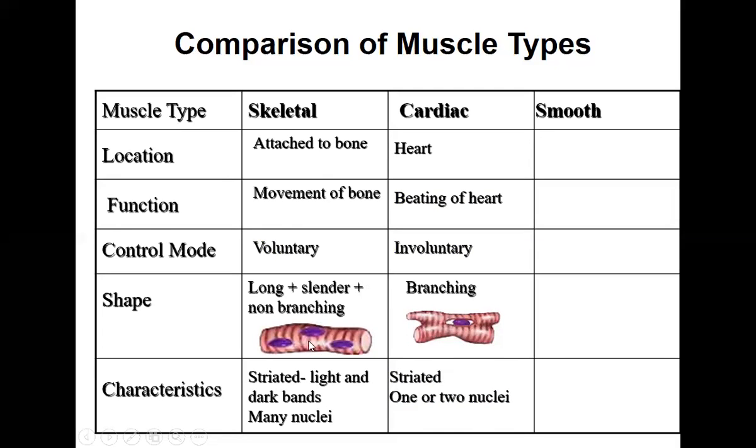Even though here there are many nuclei, here it will be only one nucleus. So this has some features of the skeletal muscle and some features of its own. It branches, here it doesn't branch. It has striation, this also has striation. But here it is multinucleated, but here it is single nucleated.